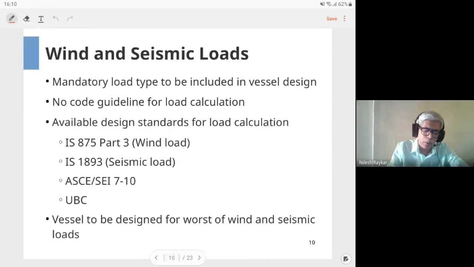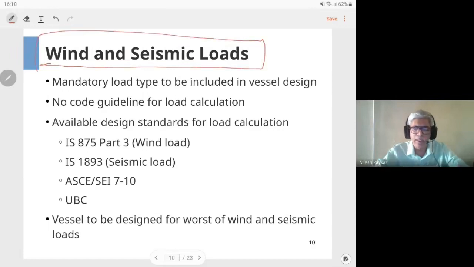Okay, the load types which need to be considered in any design of the supports, in addition to the dead weight, are the wind and seismic loads. They are the main loads which govern the design of any support. And for estimating these loads, every country has its own national standards.